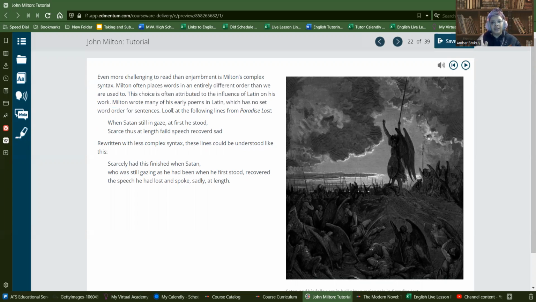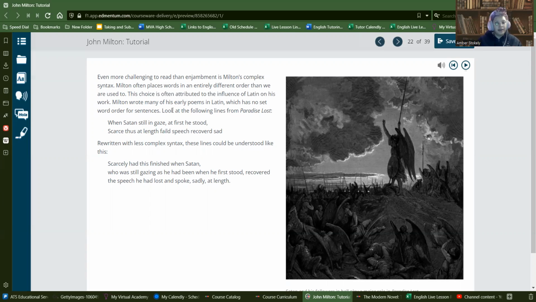It's important. He wrote a lot of his early works in Latin, which had no set word order for sentences. So they give you an example of this here in these two lines. "When Satan still in gaze, at first he stood, scarce thus at length, failed speech recovered sad."